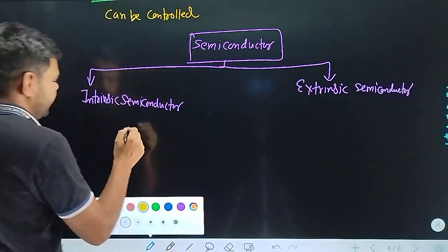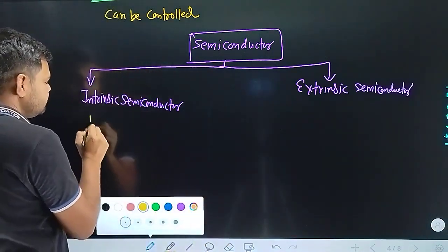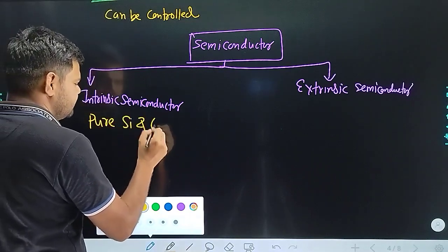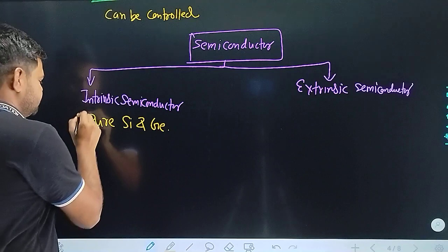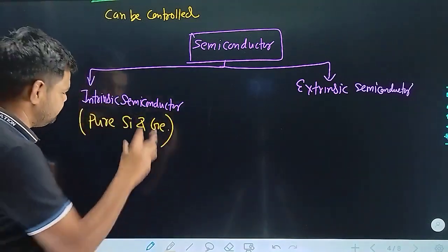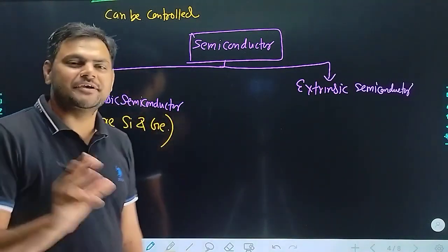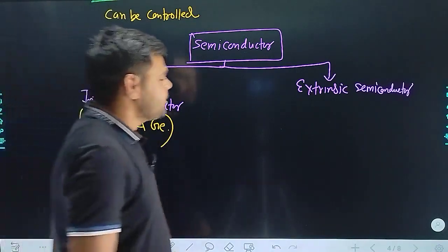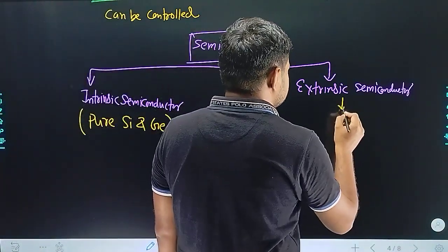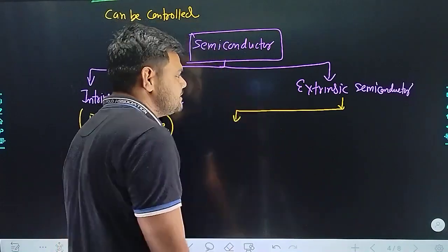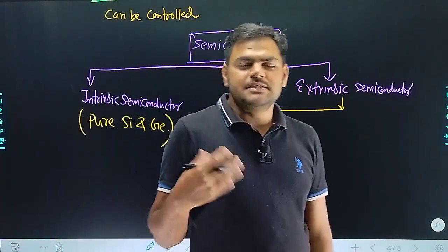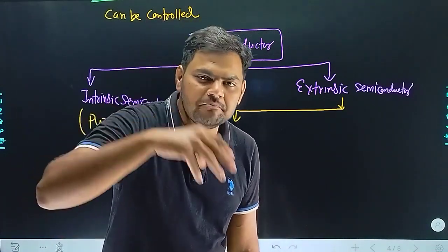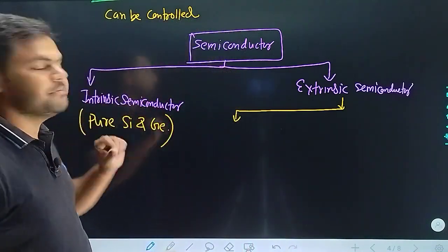So for intrinsic semiconductor, we say it is pure silicon and germanium. Just by controlling our emotion, I'm saying pure silicon and pure germanium is the intrinsic semiconductor. And extrinsic semiconductor is the semiconductor which is formed by adding some impurity into the pure semiconductor.